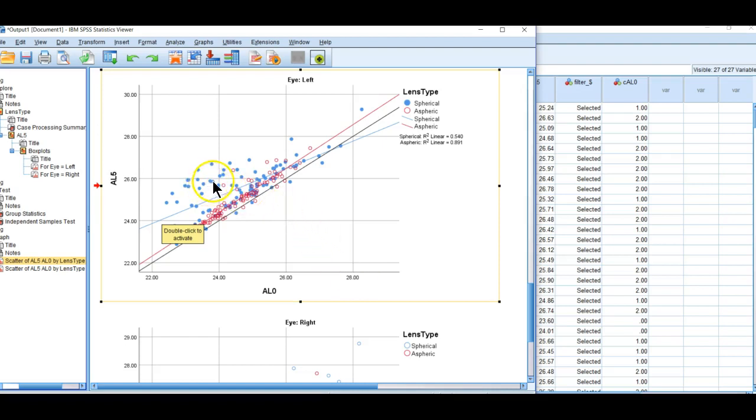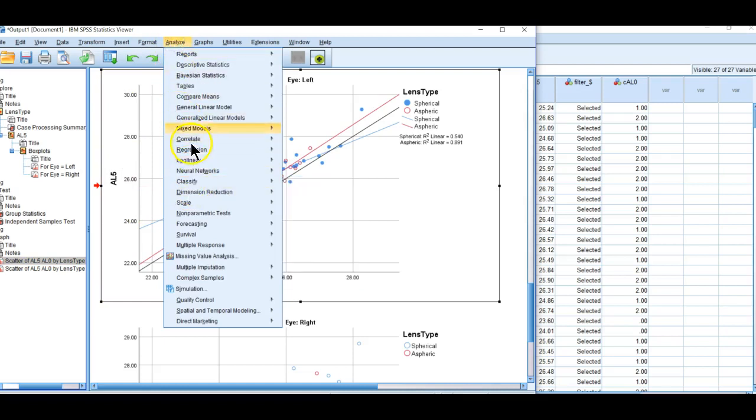We can see here that if you're starting out with a shorter axial length, there's a pretty big difference at follow-up. But if you have a longer baseline axial length, then there's not that much difference. So let's see how that plays out and if that's significant in our analysis of covariance.